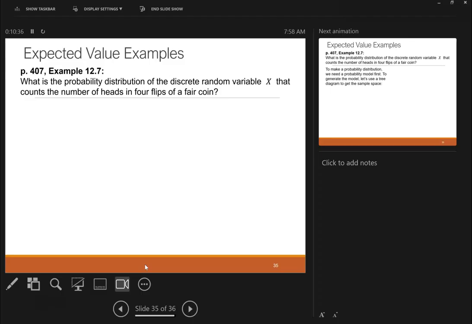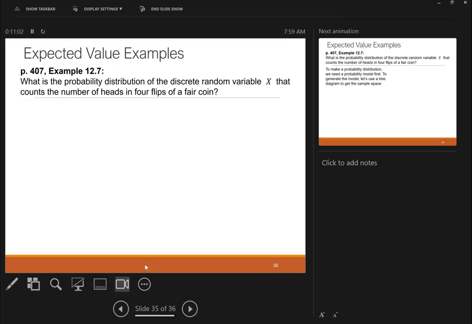Okay, what is the probability distribution of the discrete random variable x that counts the number of heads in 4 flips of a fair coin? So to do that, let's think about what are the possible outcomes of 4 flips of a coin in terms of the number of heads.